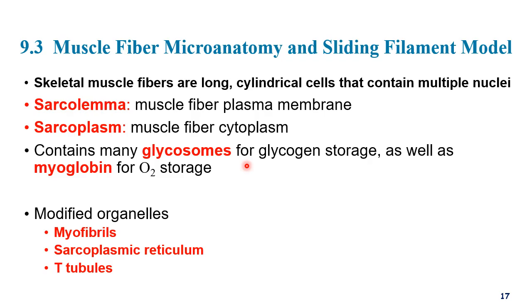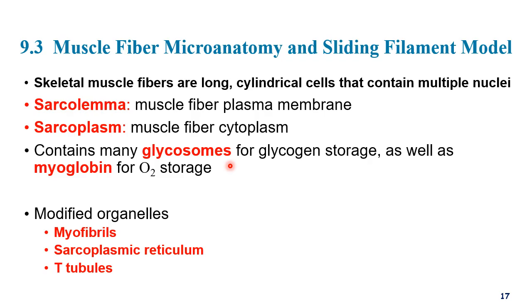Besides those two, you're going to have an important protein called myoglobin. Myoglobin is like hemoglobin, except that myoglobin has only one polypeptide chain instead of four, as you find in hemoglobin. Myoglobin is really good at binding oxygen when oxygen is delivered to the muscle via the blood, via hemoglobin.